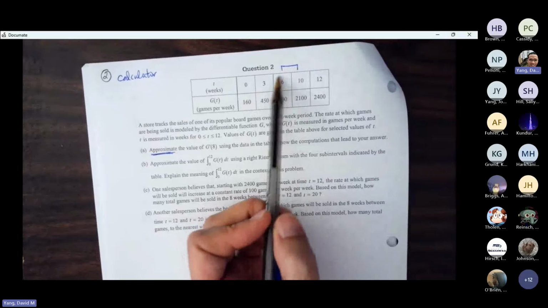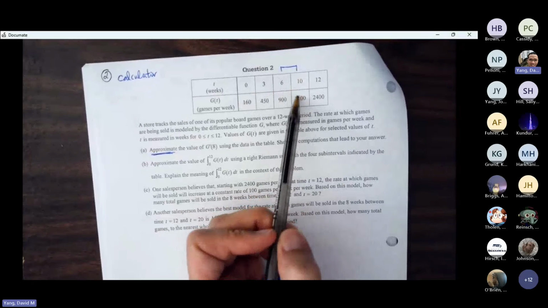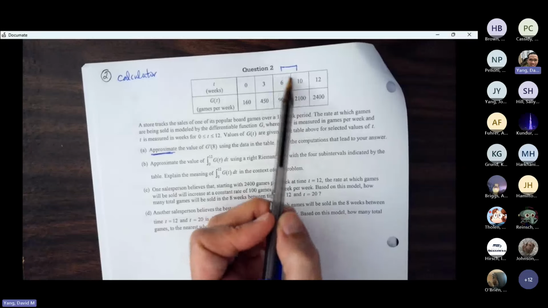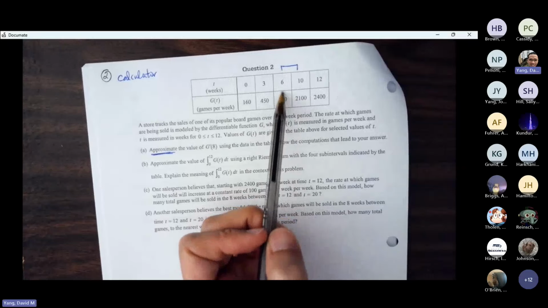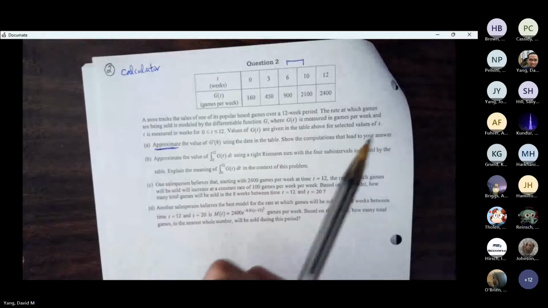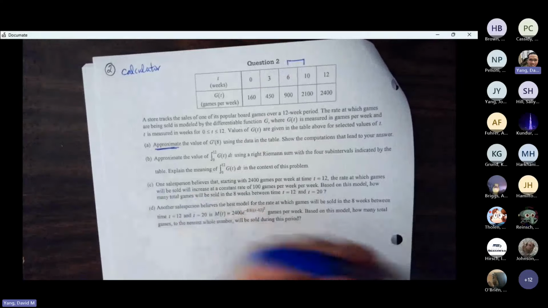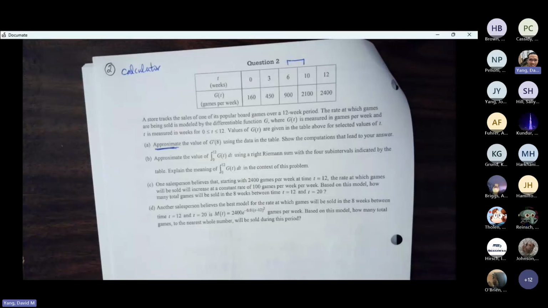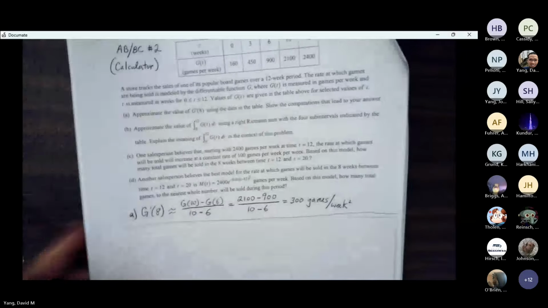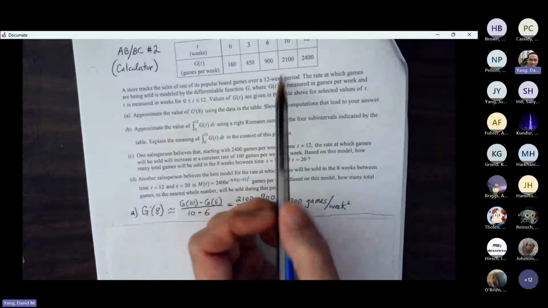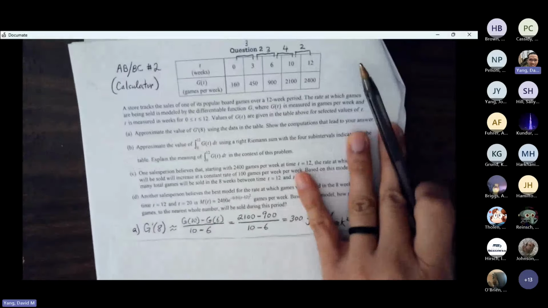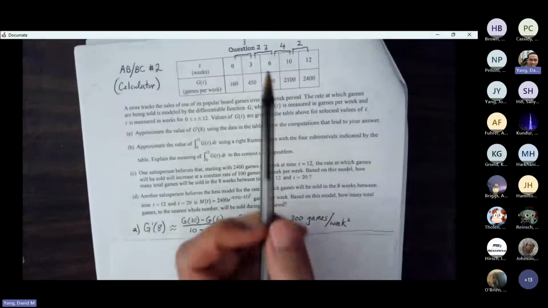So our best data to get our approximation is using week 6 and week 10. So we just do change in games per week divided by change in weeks. Okay, so we say G of 10 minus G of 6.